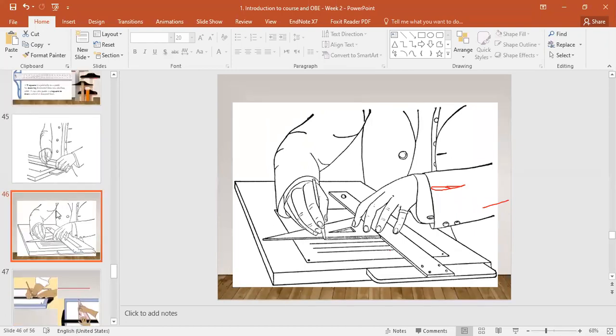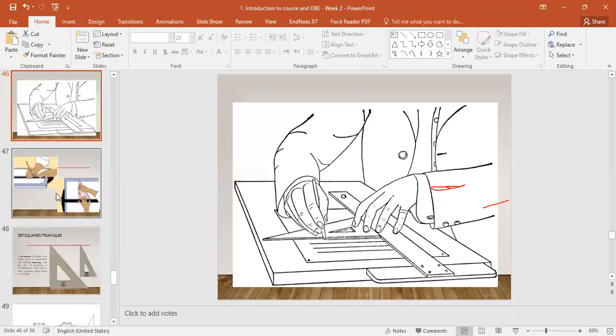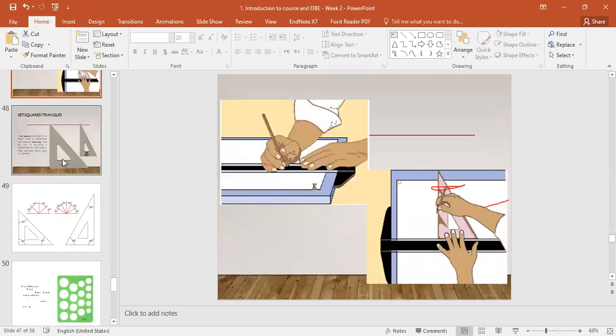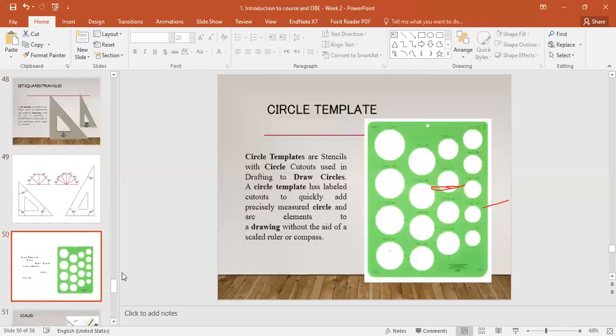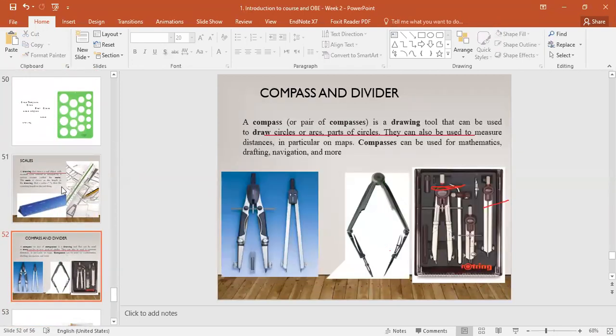It is not compulsory to have this one, but the set square is important. You can draw parallel lines and perpendicular lines with this as well, so you have to take this. There are some templates.